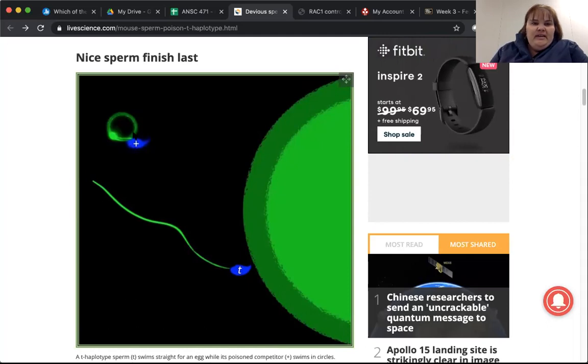But here is one of its contemporaries, or his buddies, that was affected by whatever protein was produced here, and he basically turned into a circle and is swimming in circles, and he'll never have a chance to get into the follicle and do the fertilization process.